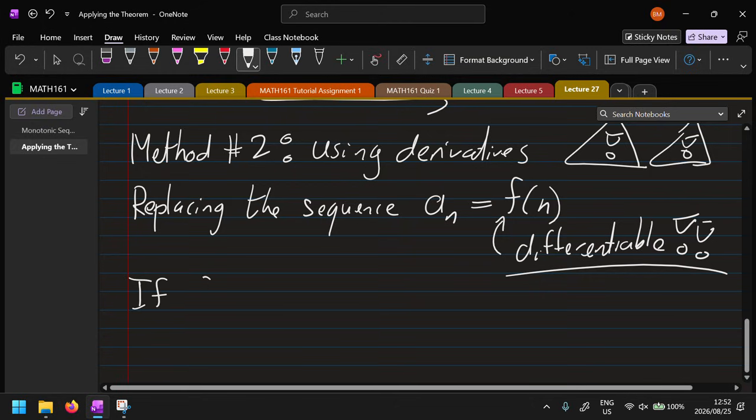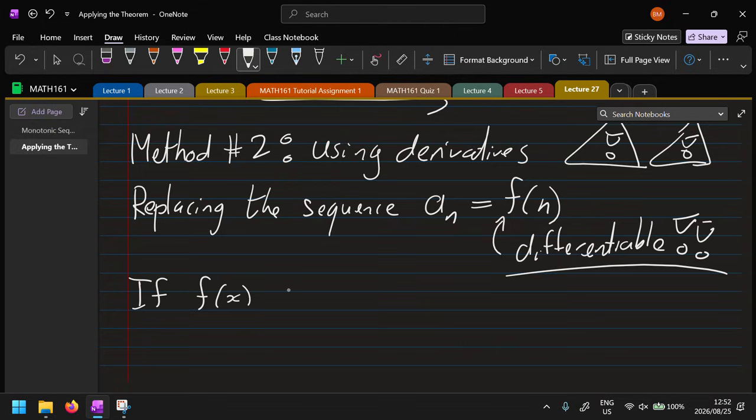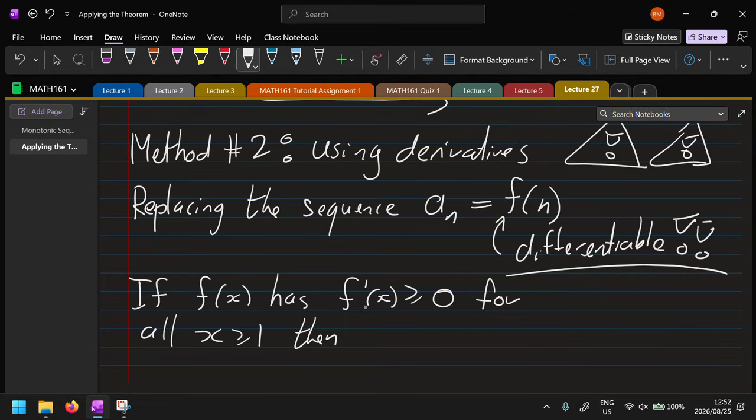If f of x has f prime of x greater than or equal to 0 for all x greater than or equal to 1, we start at 1, then if it has a positive gradient, it's increasing.